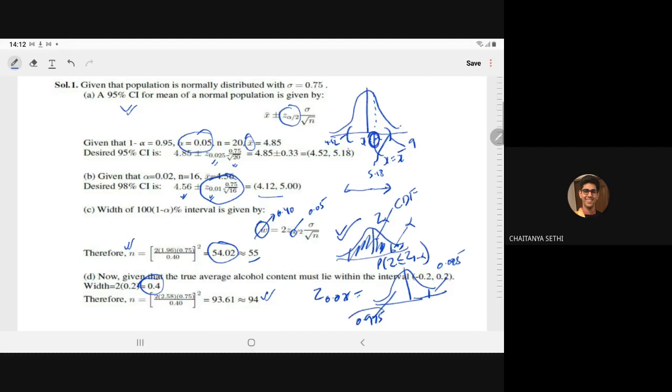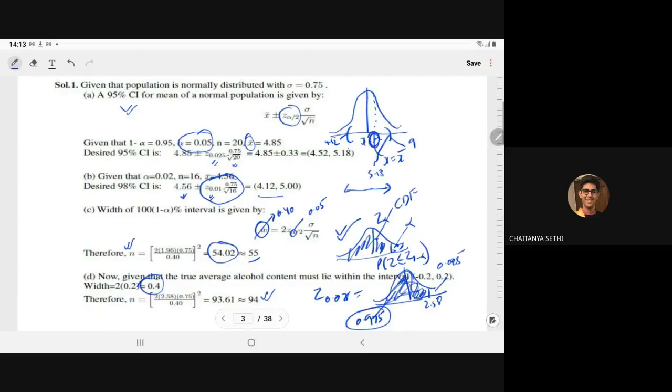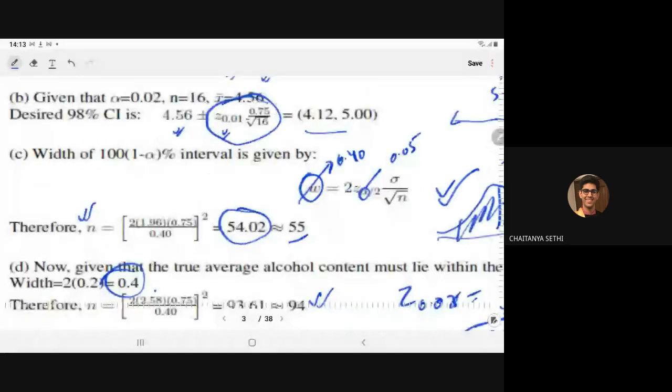So this 0.975 you have to see in the table. It will be at 1.96. This is the CDF value you have to see from the table.